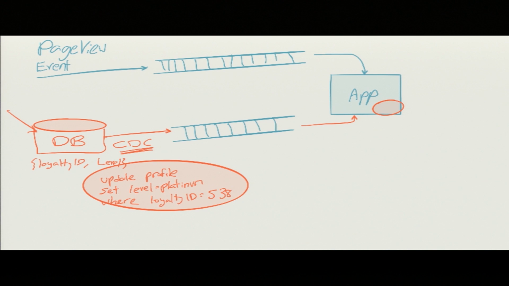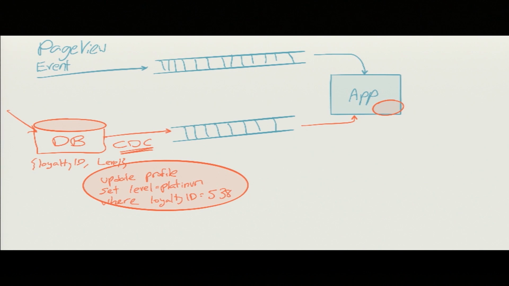What we actually want is to update the cache every time an event happens. If someone gets to a new loyalty level, you want to update the cache immediately. And this is actually possible if you do it the correct way. So the little circle in the application is the application's local cache or local state.